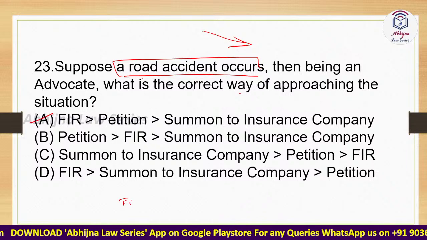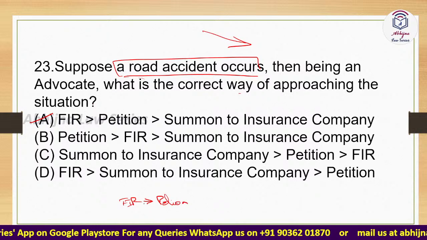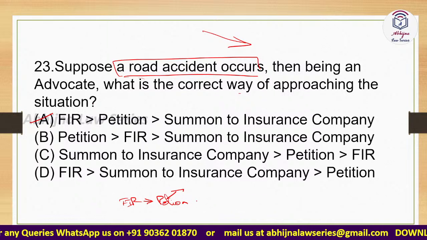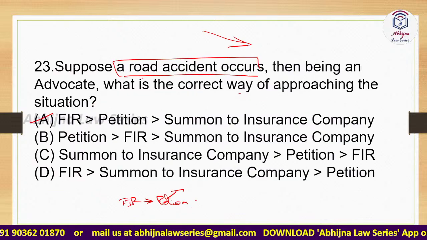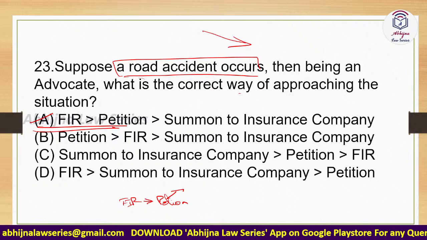Soon after the FIR is filed, a petition is filed in the court, and after that, when a petition is filed, a summons is issued to the insurance company. A is the answer.